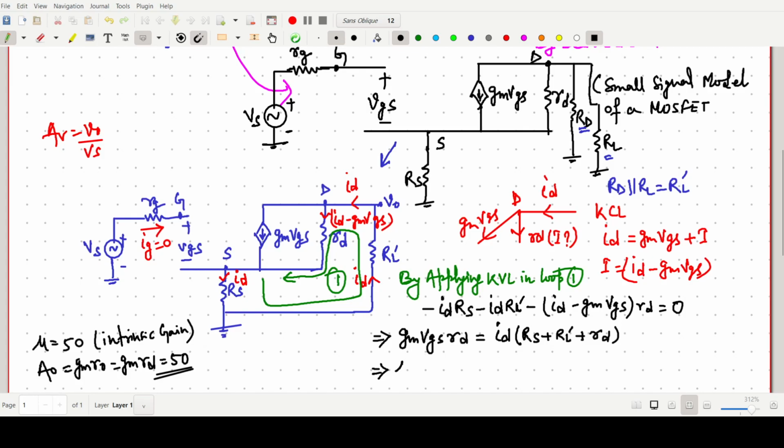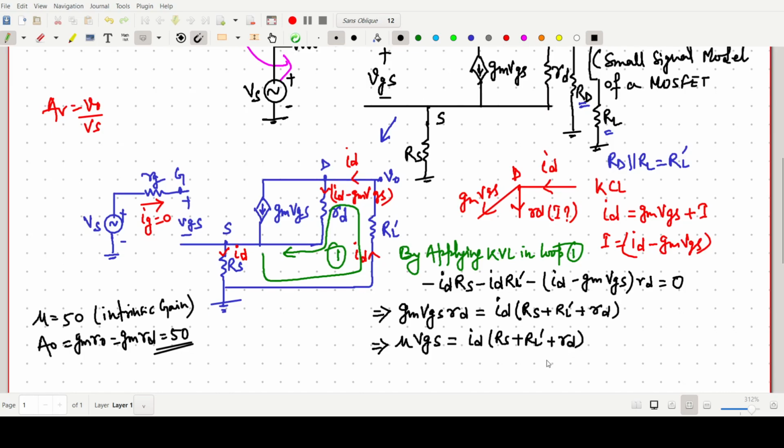So we can write mu for gm RD, mu VGS. And once again we can write ID equals to RS plus RL dash plus RD. Okay, I am going step by step.